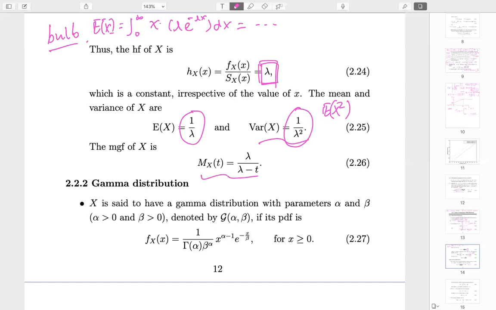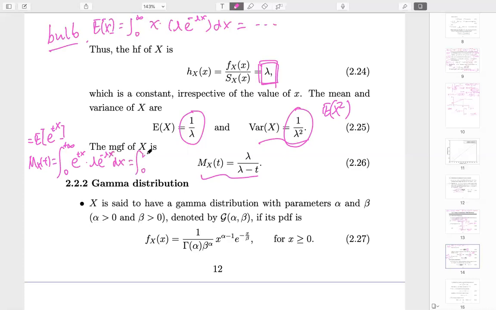But somehow, it's probably more convenient to study its MGF. Let me do the MGF. By definition, the MGF is the expected value of the exponential function of tX. So it's e^(tx) times the density.